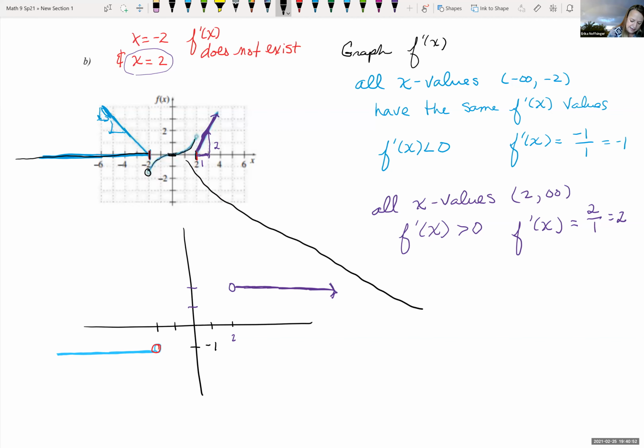So I know that in this case, f prime of x is bigger than 0 on the interval between -2 and 2. So my y values in here are going to be bigger than 0.